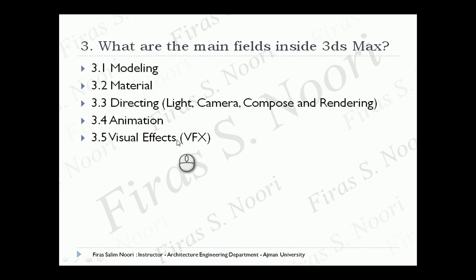To be easy, it's anything you cannot model as a physical model. So it's the fog, fire, reflections, all that can be covered in visual effects. And there are lots of software packages that can do only visual effects or only animation or only material or even only modeling. And the nice thing in 3D Studio Max is that it can do them all.